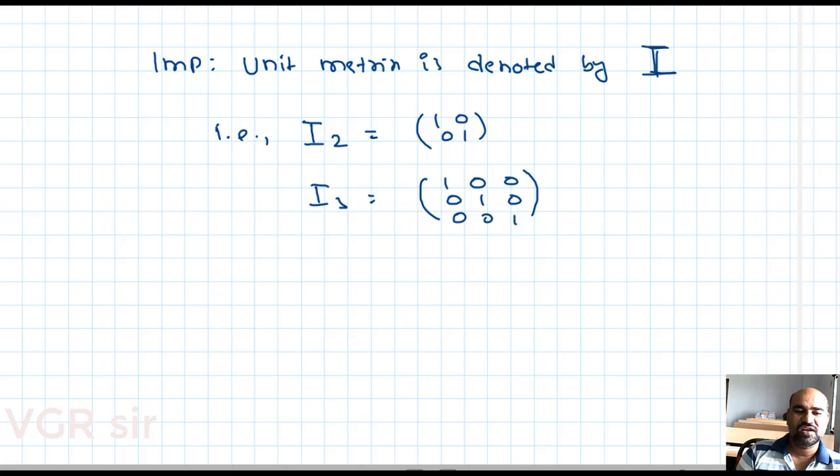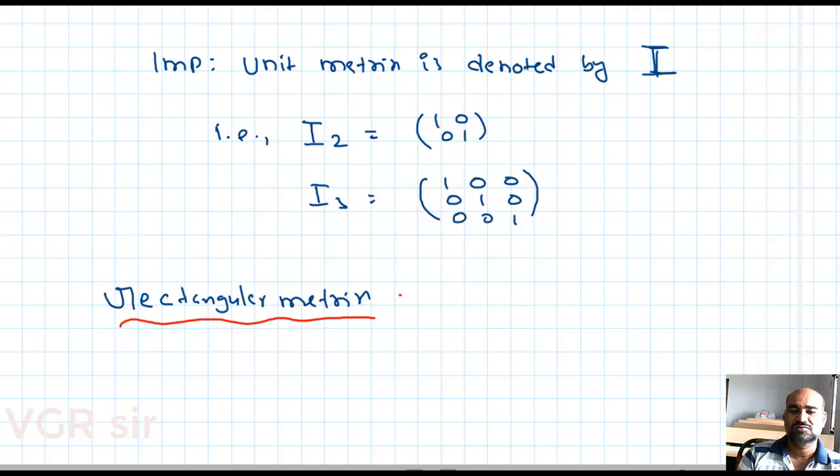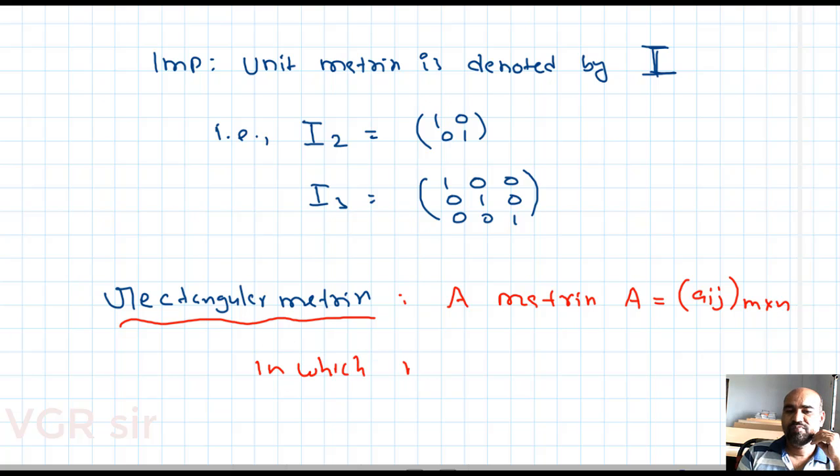Okay. Rectangular matrix next. A matrix A equal to Aij, m by n, in which m is not equal to n.